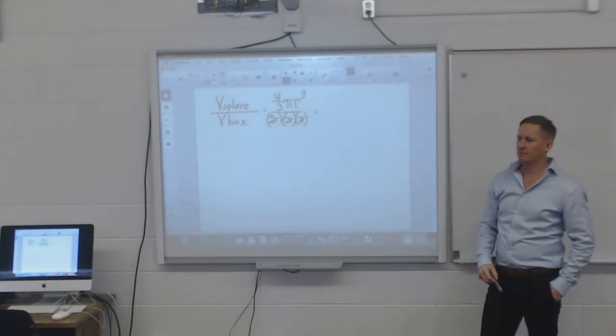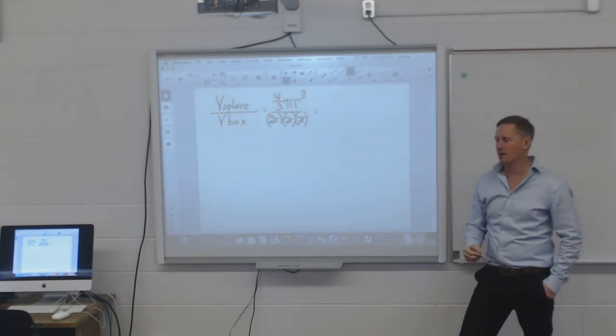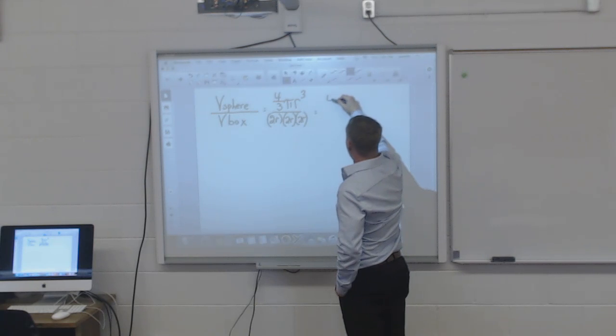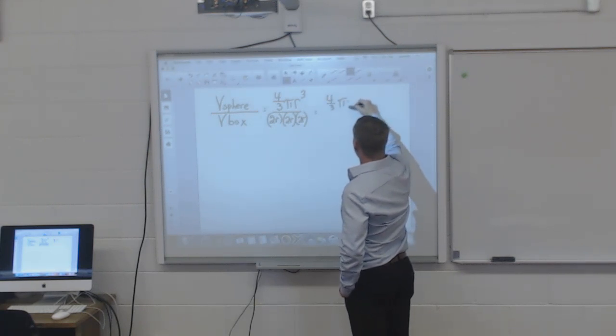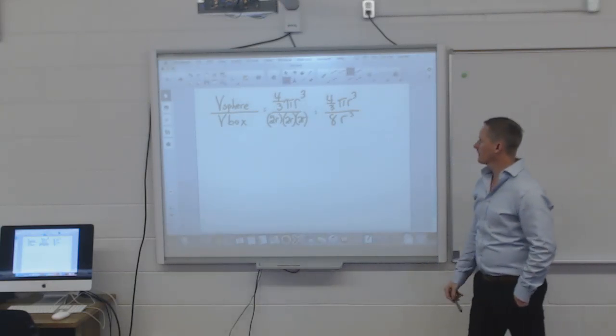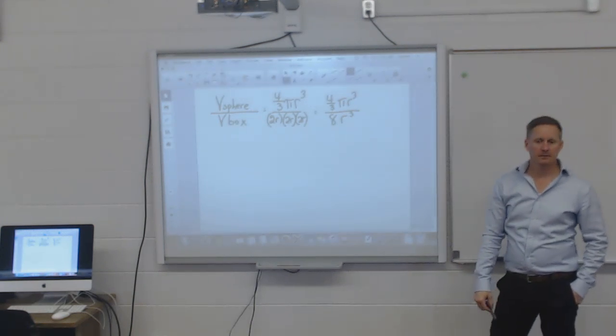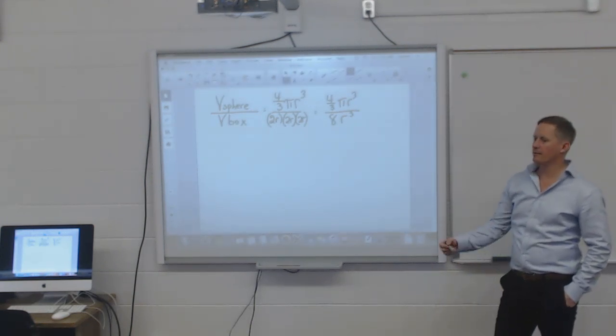So far so good? So all I've done is just find the volume of a sphere, find the volume of the box. So that leaves me with 4/3 pi r cubed on top and 8r cubed on the bottom. How are we doing so far? Okay?